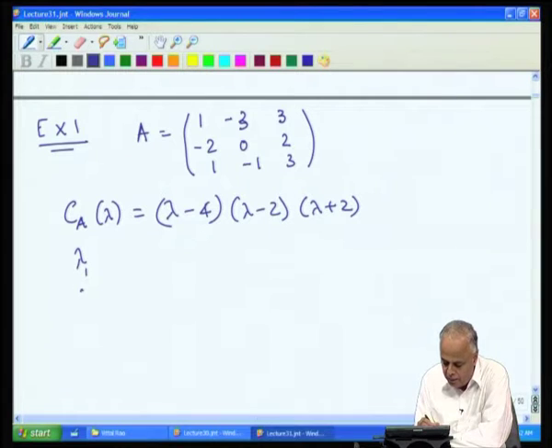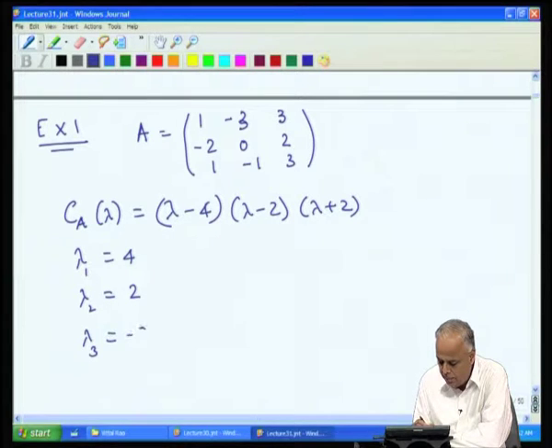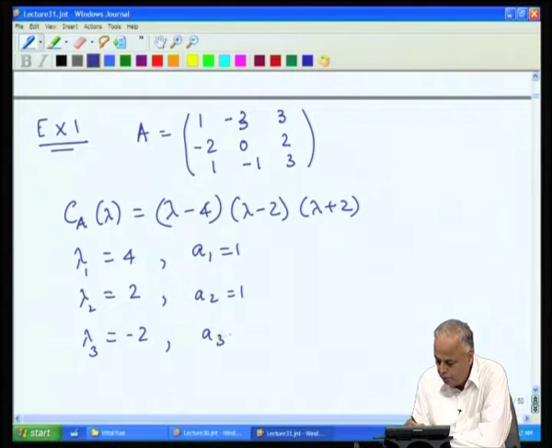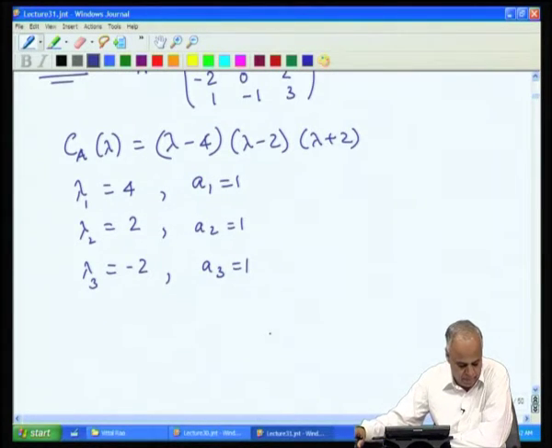Consequently, the eigenvalues were lambda 1 equal to 4, lambda 2 equal to 2, and lambda 3 equal to minus 2, and each root occurs only once, and therefore the algebraic multiplicities are a 1 equal to 1, a 2 equal to 1, a 3 equal to 1.